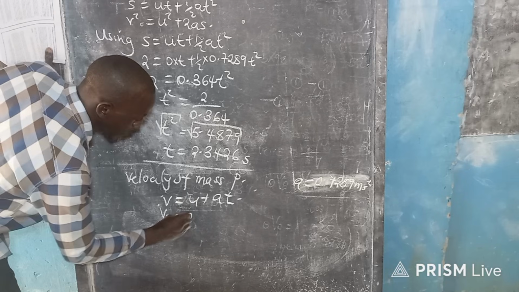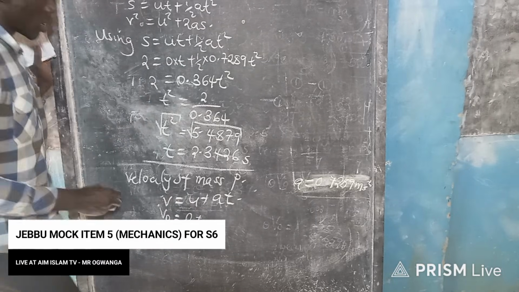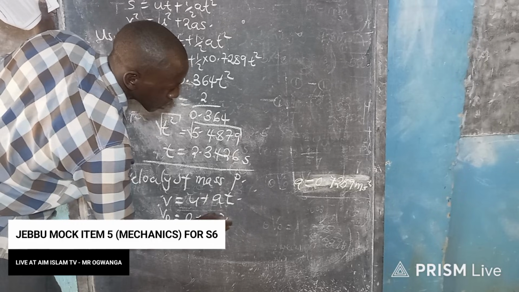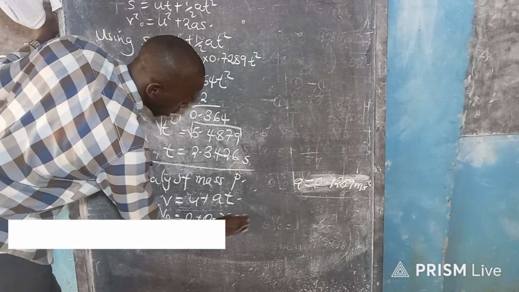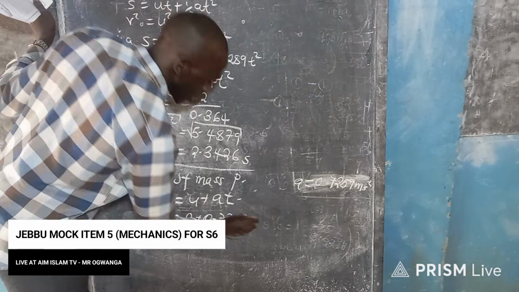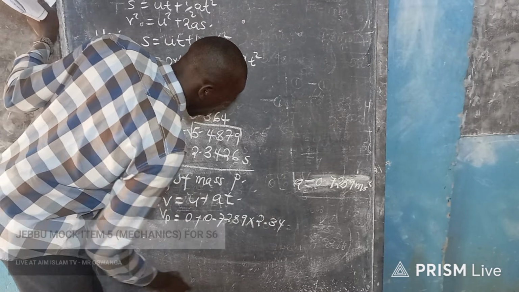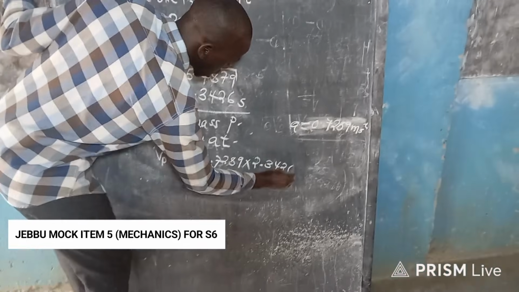I'm going to substitute this one here with 0. Then our acceleration, still I'm going to use 0.7289, then you multiply by the orbital time, that is 2.3426.